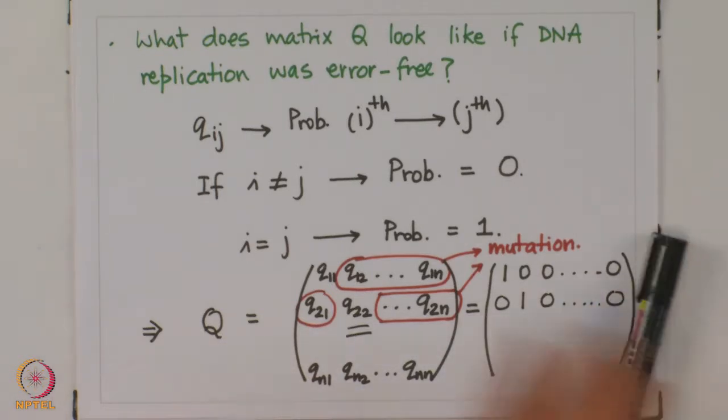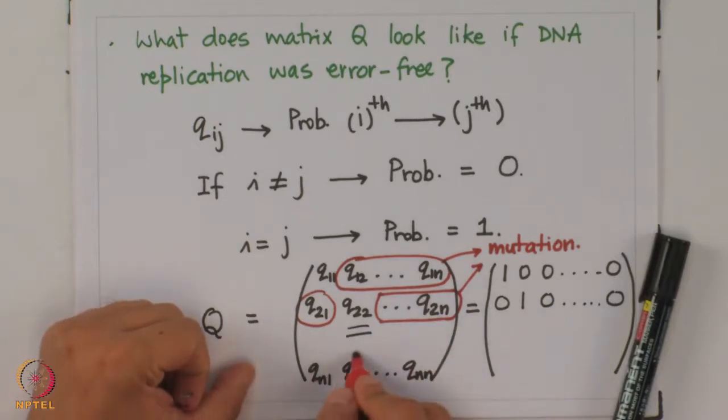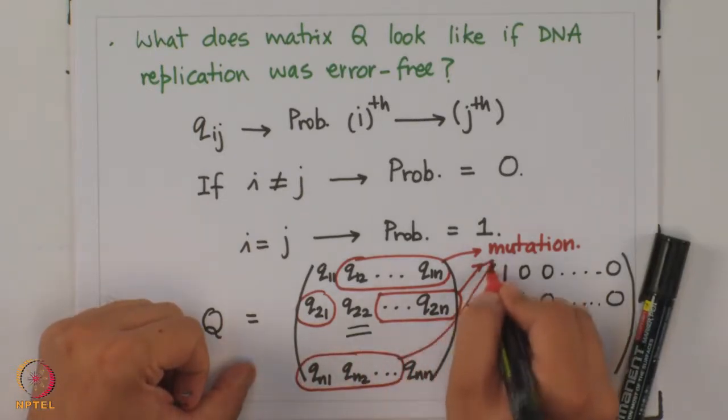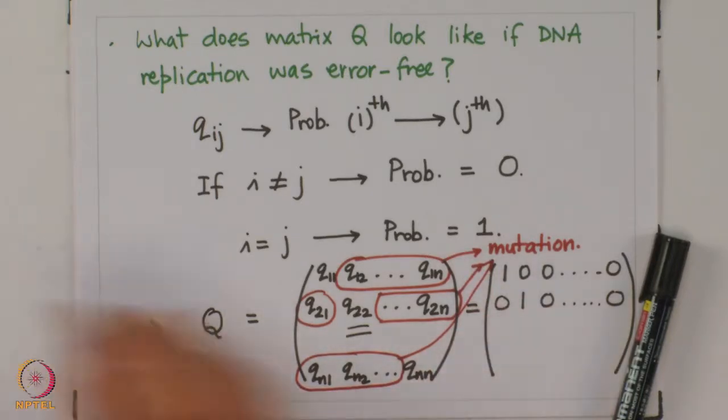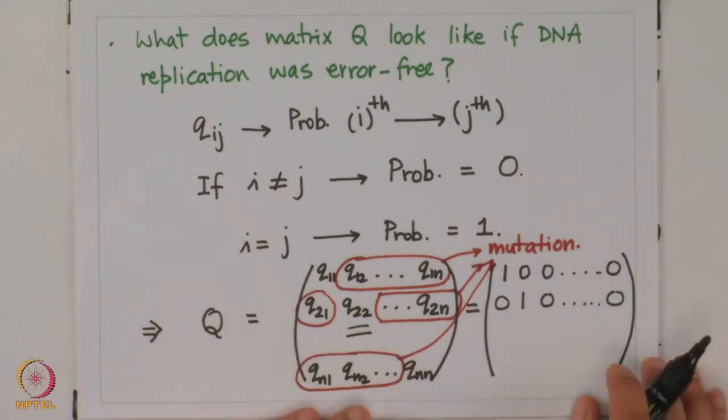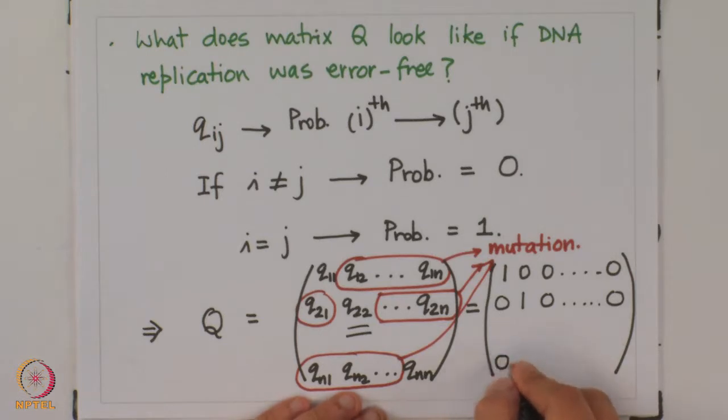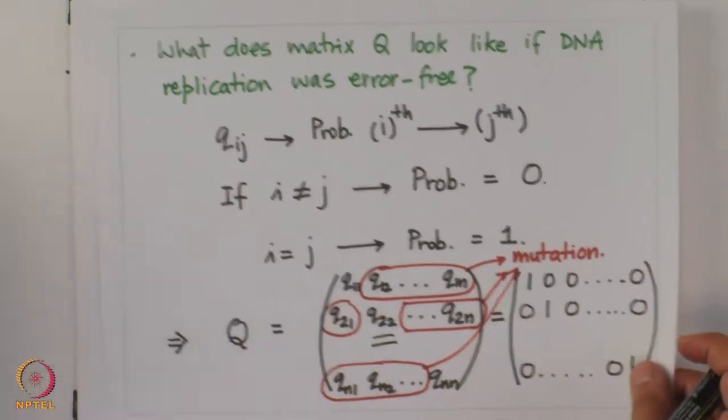Similarly, the last one will have all of these n minus 1 entries representing mutations. Hence, all these elements will be 0, and Qnn will be the only non-zero entry in this, and you will get zeros all the way, and the last one will be equal to 1.